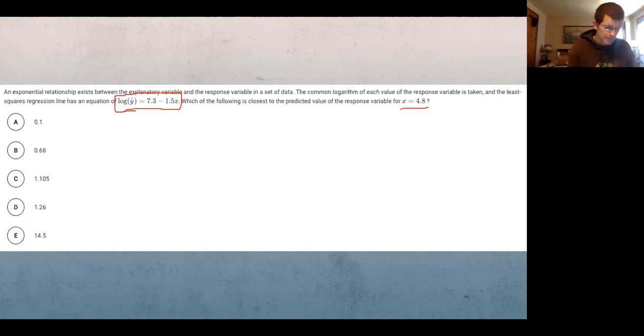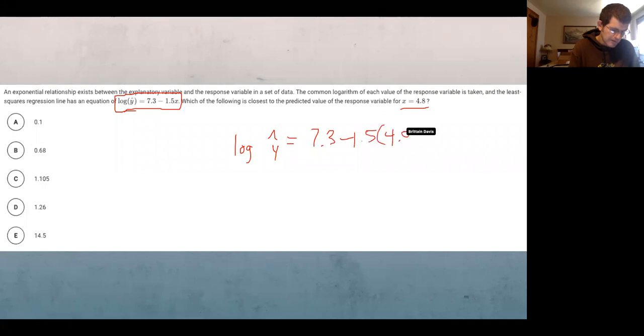So pretty straightforward. I'll plug in log of y hat equals 7.3 minus 1.5 times 4.8. When I do that, you can quickly do that math as well.